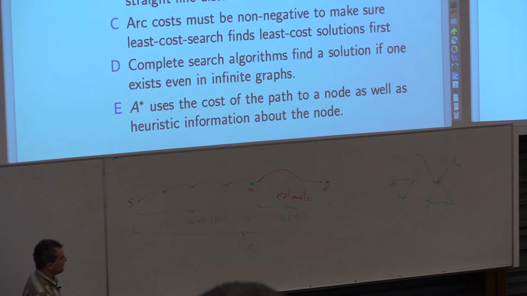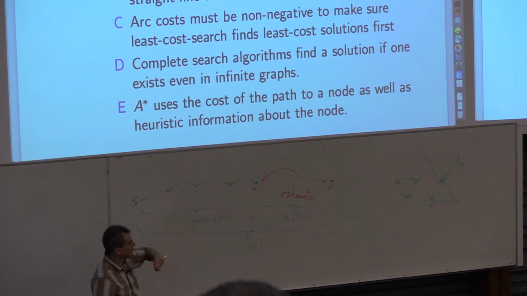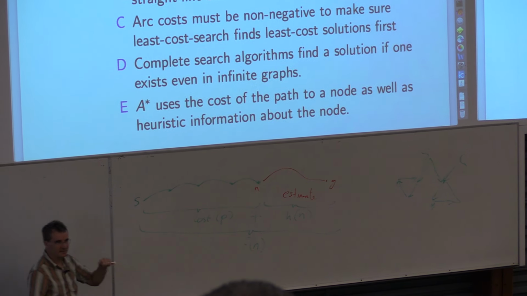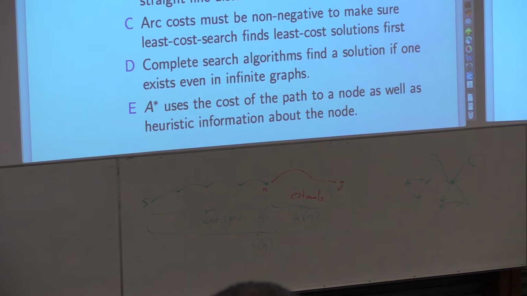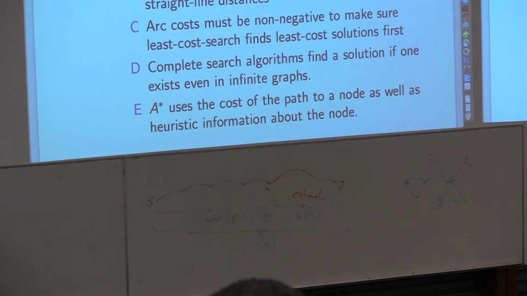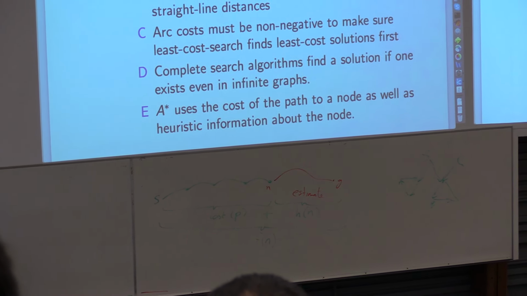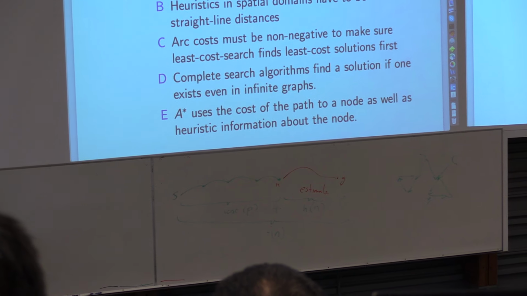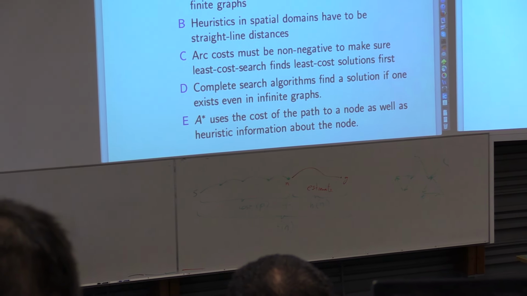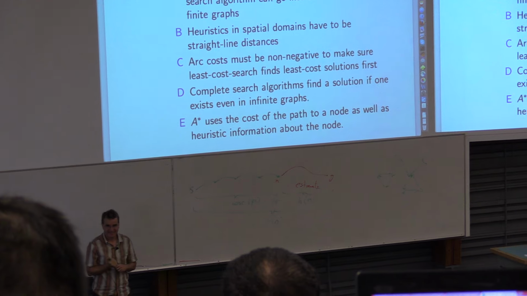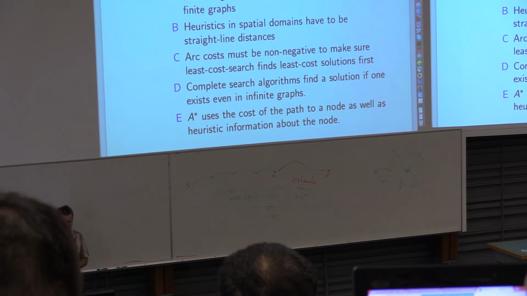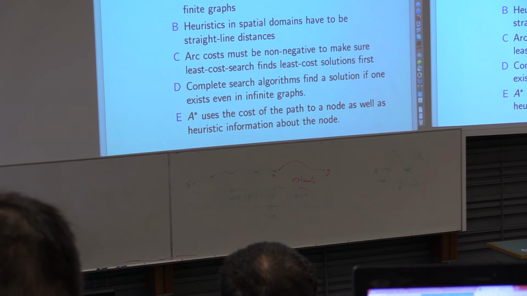D is a definition of a complete search algorithm. It finds a solution if one exists. Yes? For D, is it the case that if the starting node has an infinite number of neighbours? Yeah, but we've defined a graph as having only a finite number of neighbours.